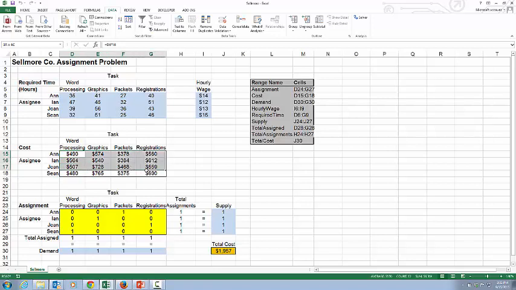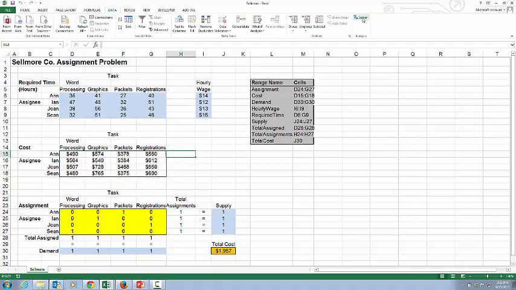So these represent the cost of an assignment of an individual to a task. And now the optimization model is pretty straightforward. We've got a descriptive model right here. Our total cost is simply the sumproduct of whichever assignment you're going to make times the cost for each of those assignments. And that's what we're going to try to minimize.